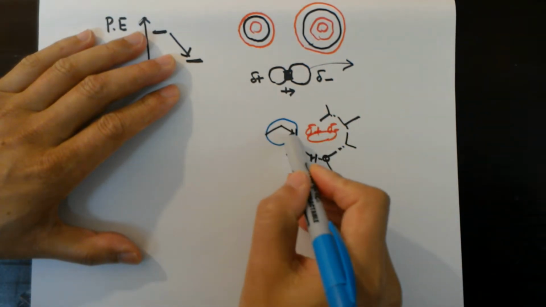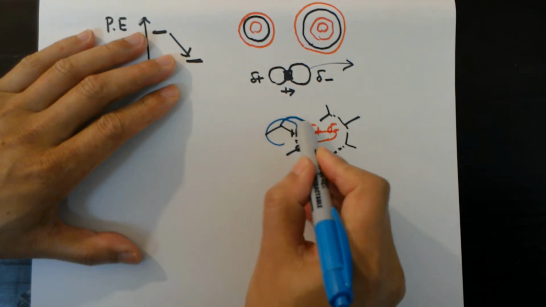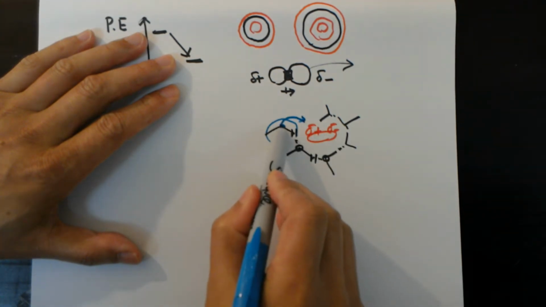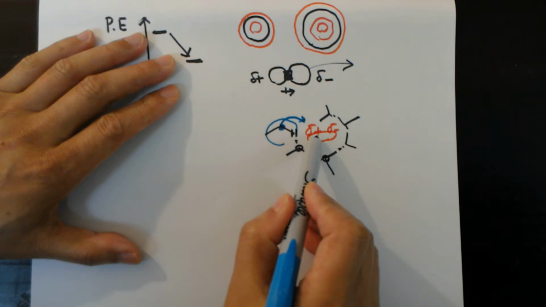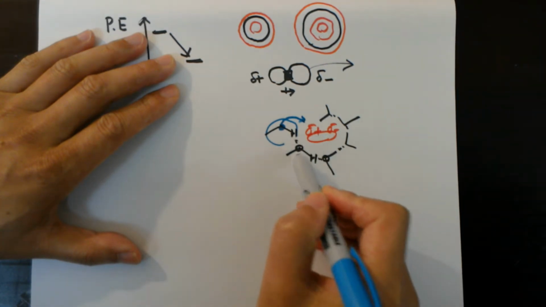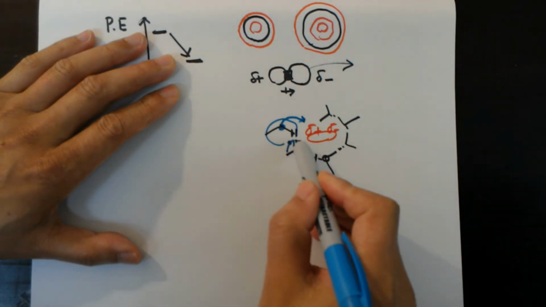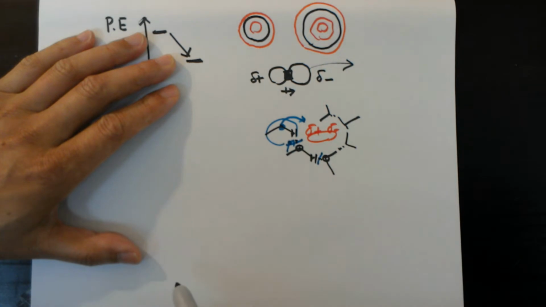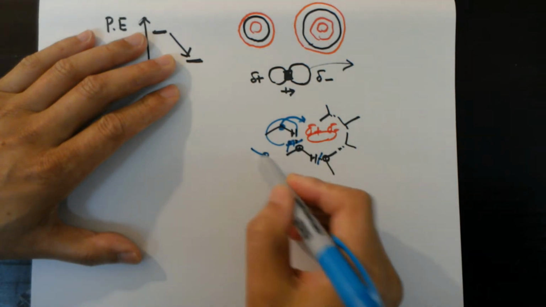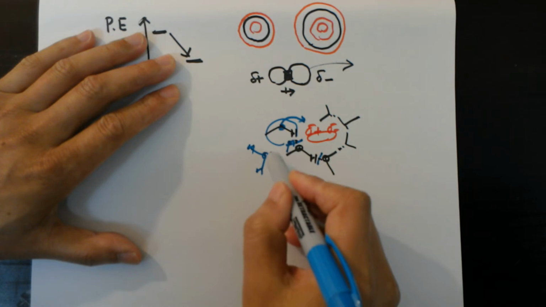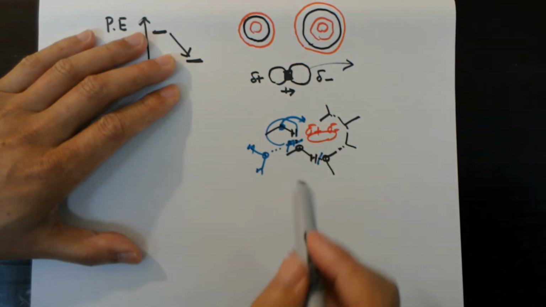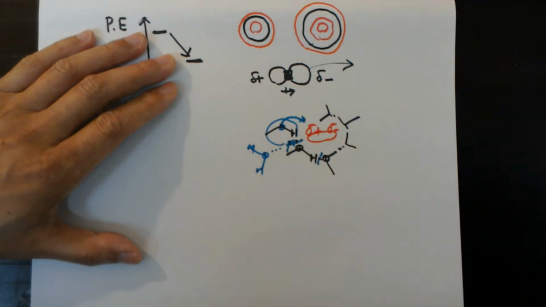Say this guy here has to turn this way to bring partially negative oxygen closer to the positive, and probably this will also tilt a little bit more, and in the process you might end up breaking a hydrogen bond, although you have a chance to make another hydrogen bond next to these molecules. So certainly you can imagine the mixing and dissolving process has breaking intermolecular forces and forming new intermolecular forces.